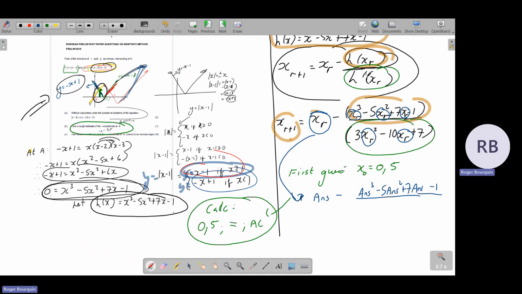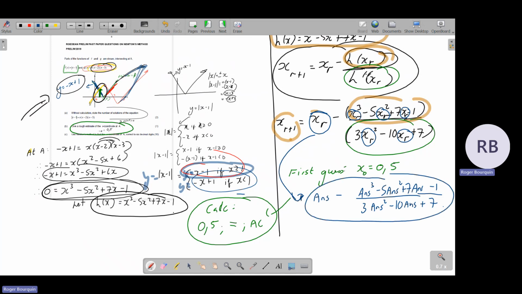If you put 0.5, it won't iterate the process, because it's going to keep doing your next answer, your next answer, your next answer. At the bottom you're going to have 3 times answer squared minus 10 times answer plus 7. So this is what your screen should look like.